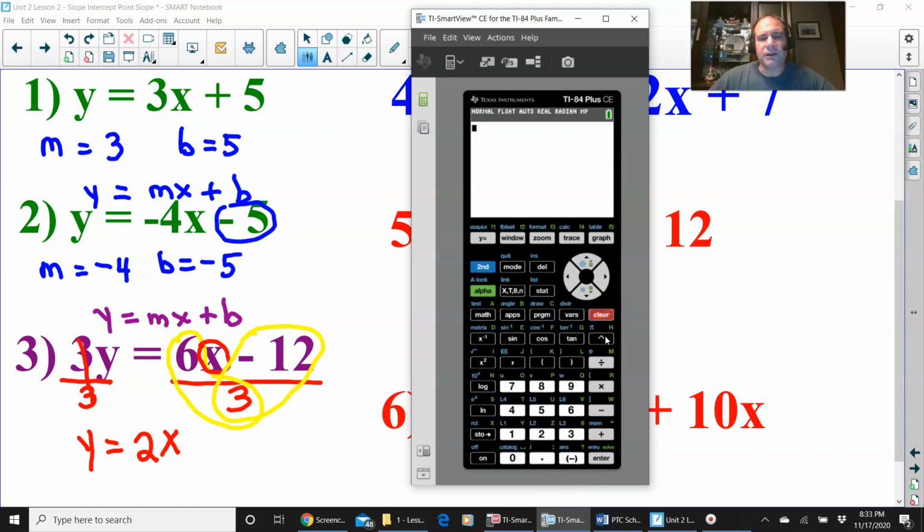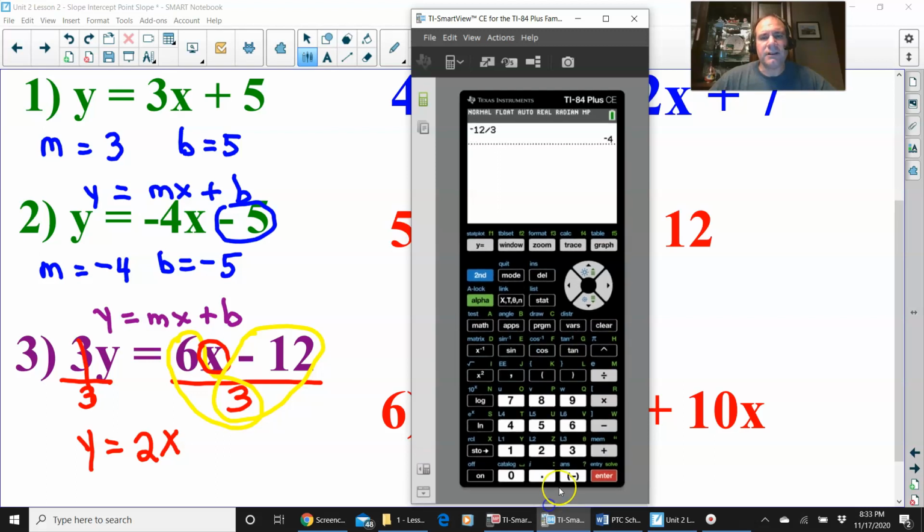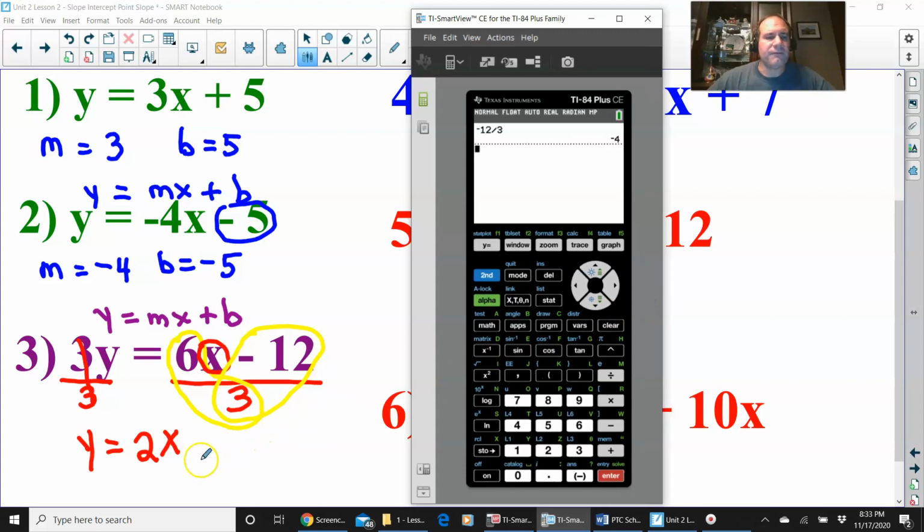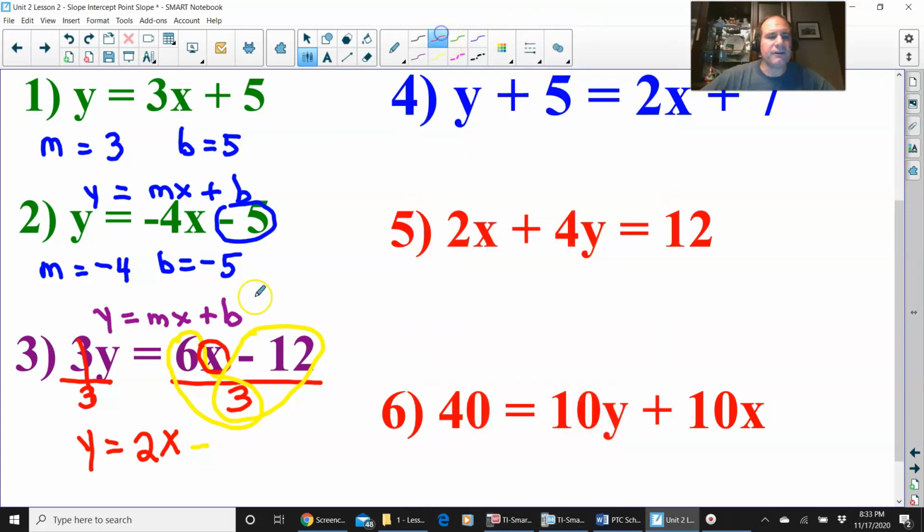You shouldn't need the calculator, but if you do, who cares? Nobody cares. All right, so you have -4. So you put down the -4. Sorry, that's in yellow. I'm going to put that in red.